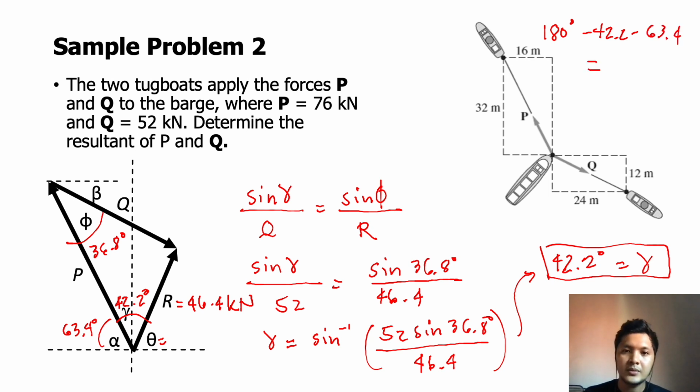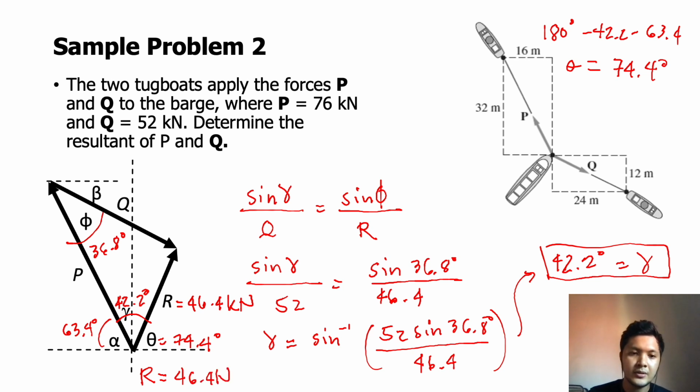That should be equal to 74.4 degrees. Therefore, theta is equal to 74.4 degrees. Now, the final answer should be R is equal to 46.4 kilonewtons, 74.4 degrees with the horizontal.